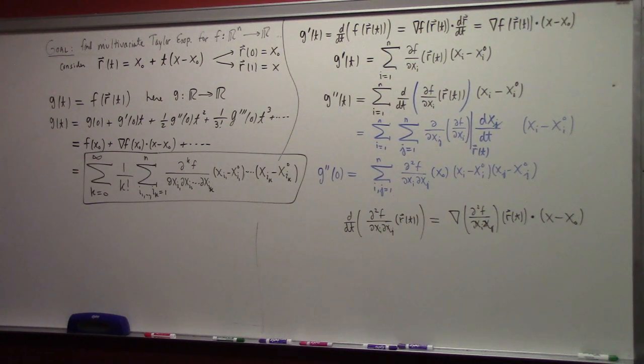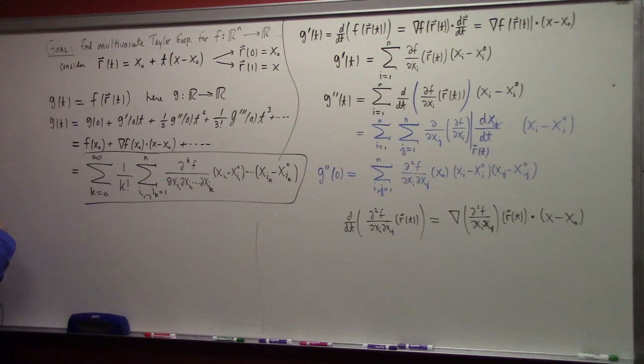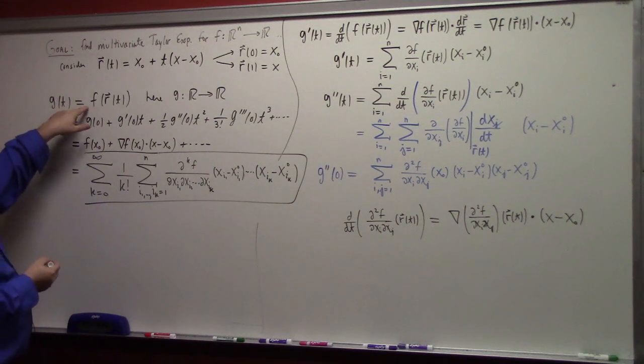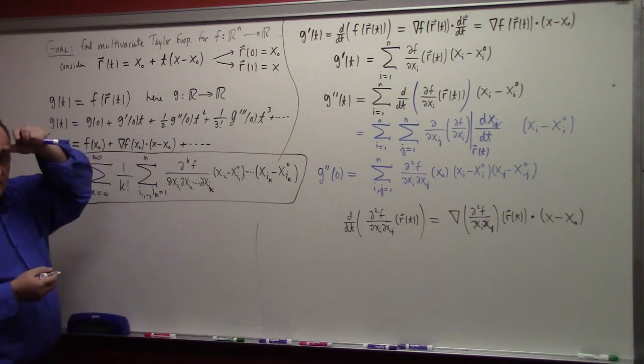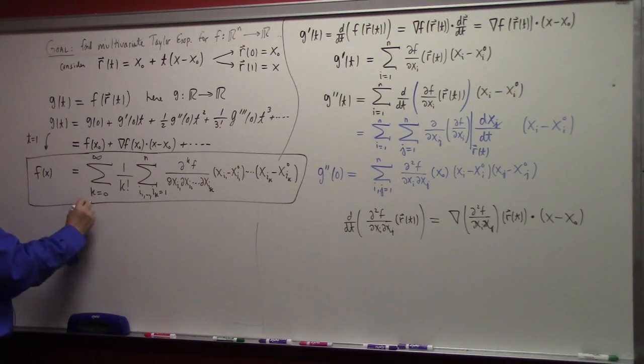Now I should be careful. That's just g of t. Actually, we're not quite to the multivariate Taylor expansion. So how do you get it? My bad, I should have one more step: t equals 1. Putting t equals 1 gives me f of x. So then that gives me f of x. Pull that out.